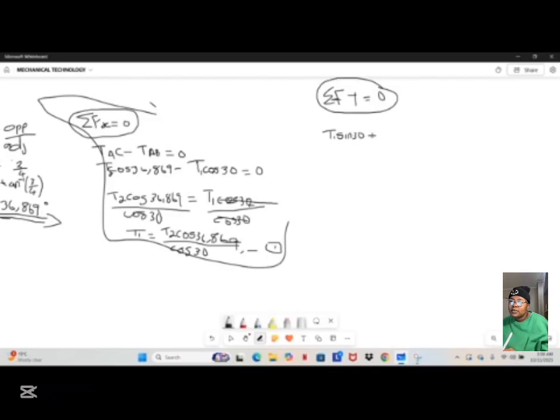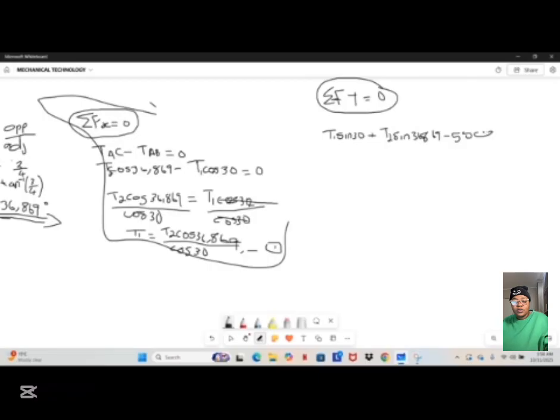Then we're minusing the weight, which is 550, and equate it to 0. Equate everything to 0.